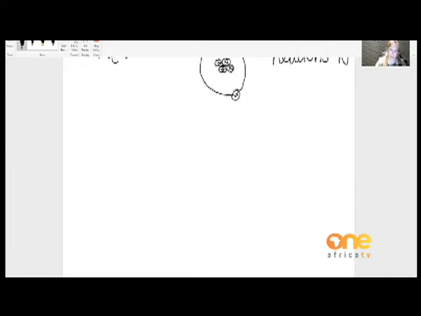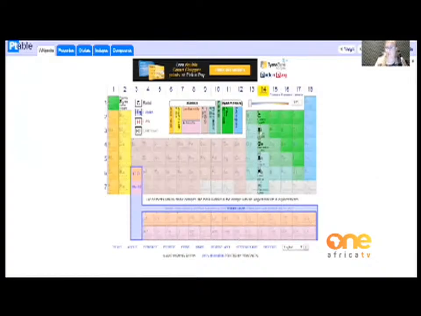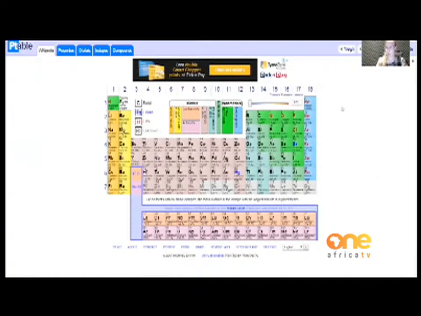But now we get into a bit of a problem. How do we draw all of the rest of these things? How about sodium and all of these other kinds of stuff? So here is our trick. Our orbitals can only support a finite amount of electrons.